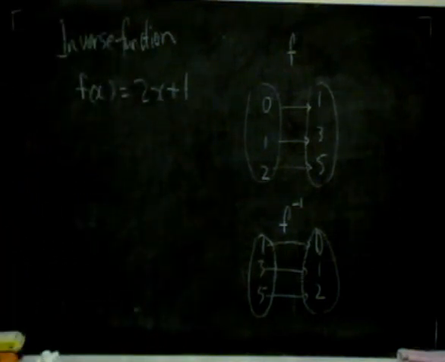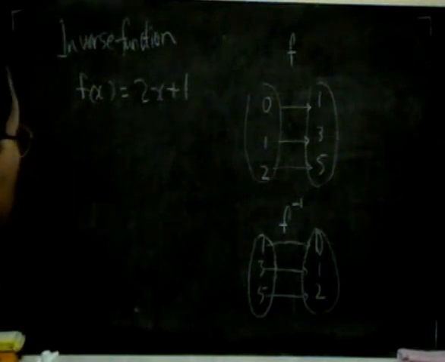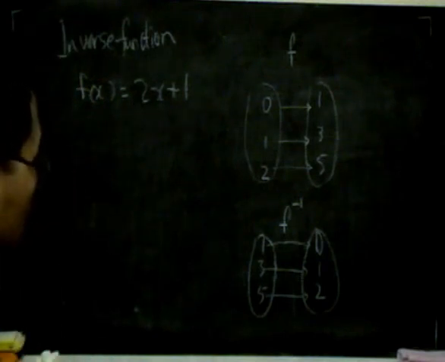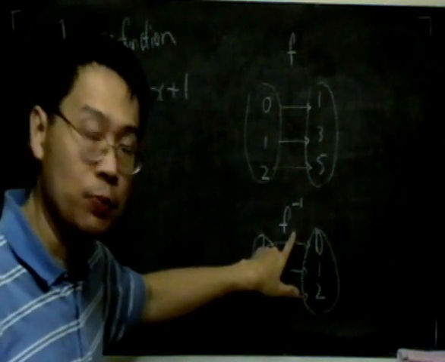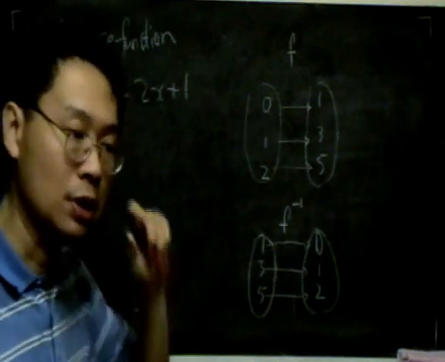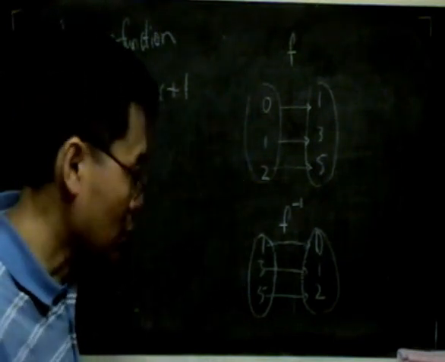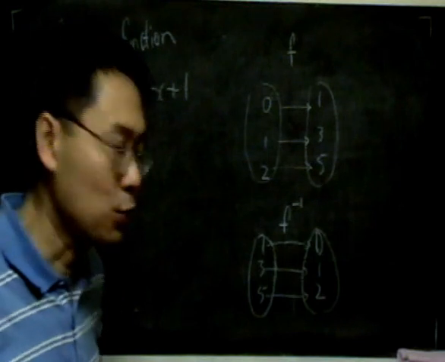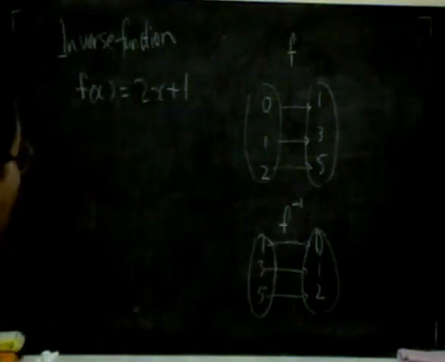So that's what we saw just now. Now the problem here is, how do we find a corresponding formula for this inverse function? So if the original function is 2x plus 1, can we also find a formula for the inverse of f?